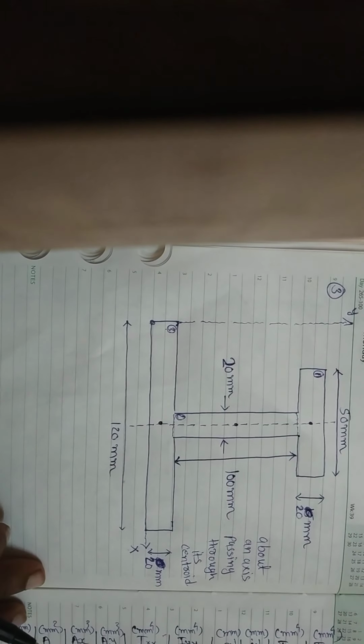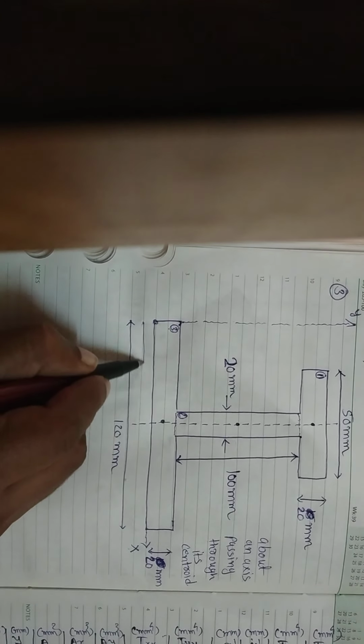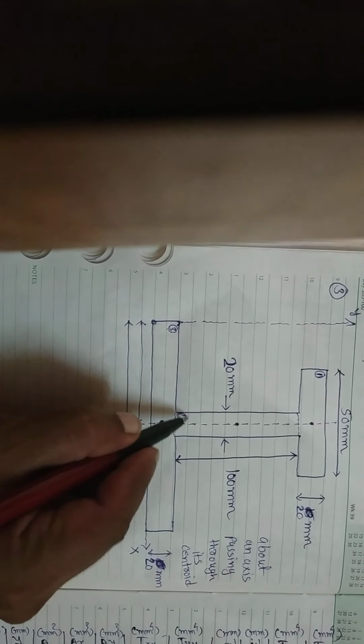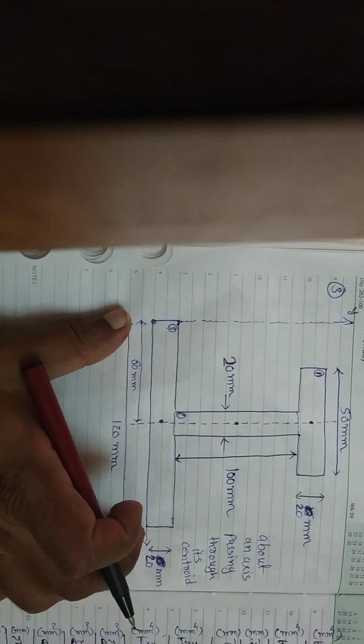Our job is to find the x and y coordinates of each centroid. First, the x coordinate of the centroid: the total distance is 110, so the centroid is at 60 mm, half of the span of the rectangle.